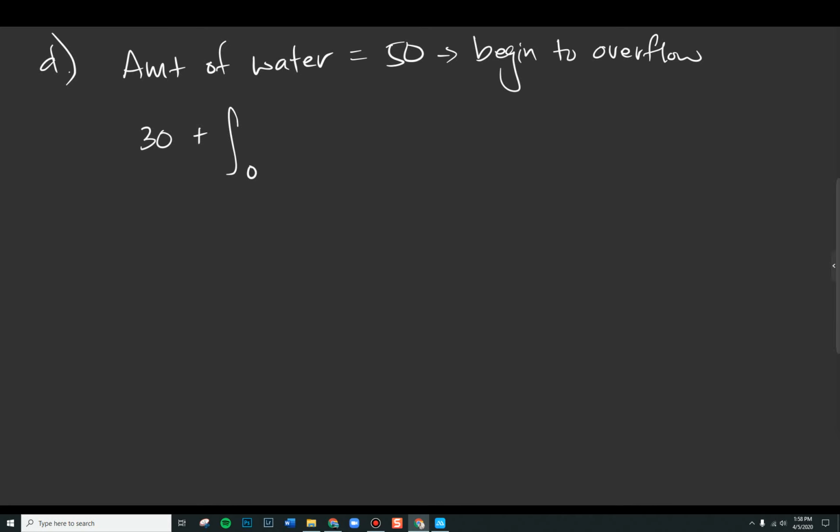Okay, so here's got to be w. And I still have my original equations, my r of t minus d of t dt, and we're trying to figure out when this equals 50. That's when the water in the pipe is going to start to overflow.